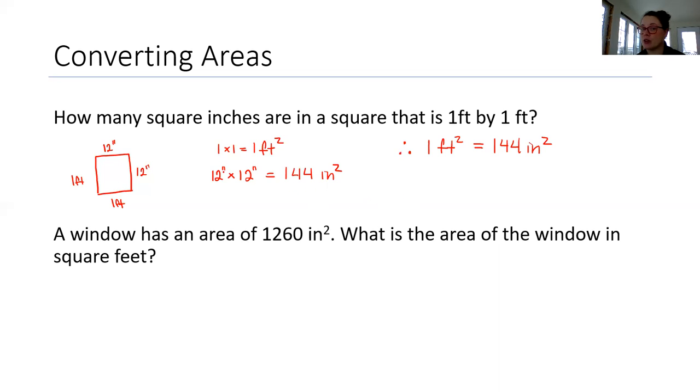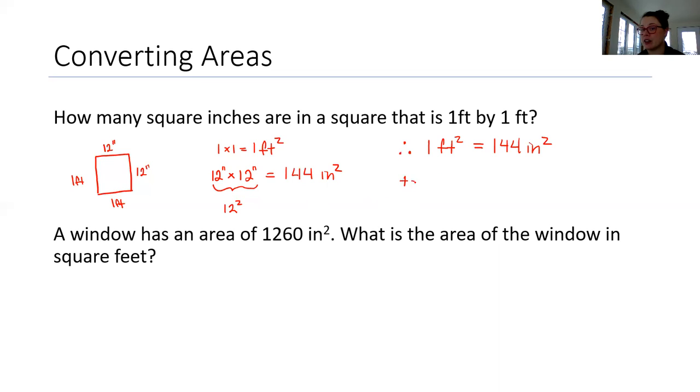One easy way to make the conversion: if you have 1 square foot, you'll notice 12 times 12 is the same as 12 squared. So you take your linear conversion and you square it. So to convert an area, some of you probably would like to have a sentence.